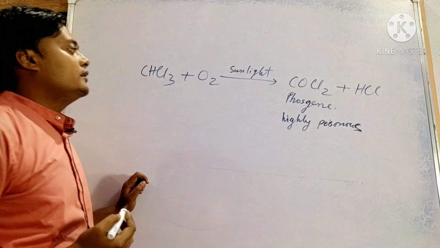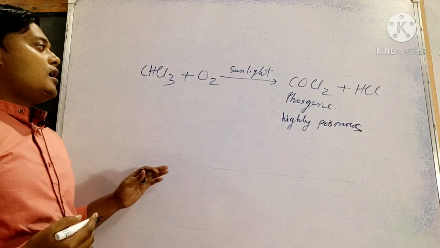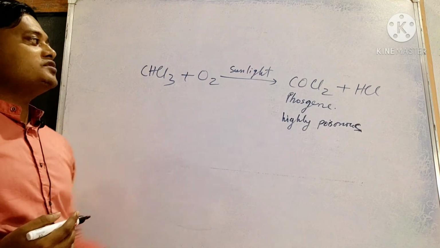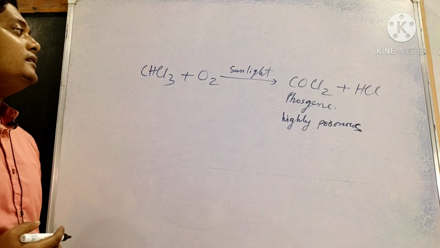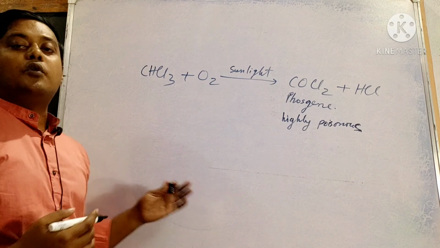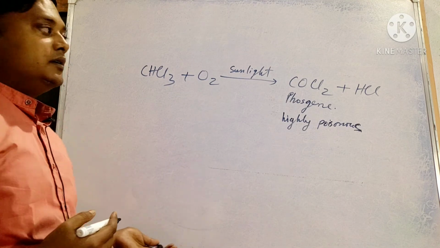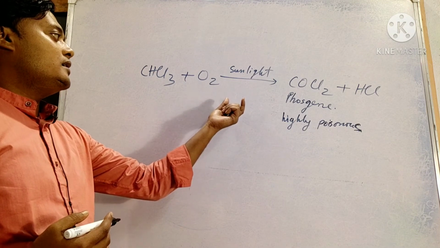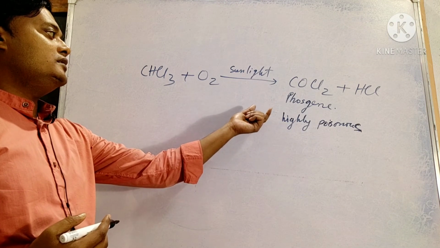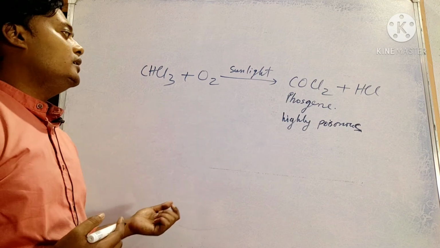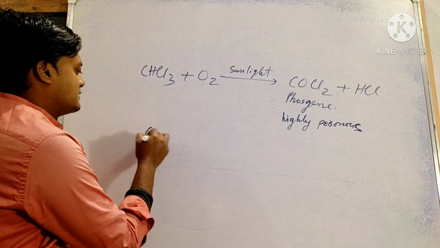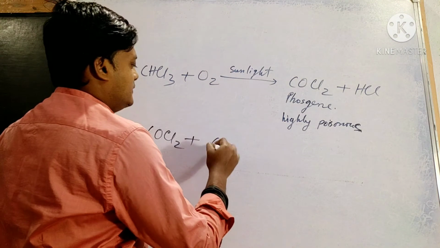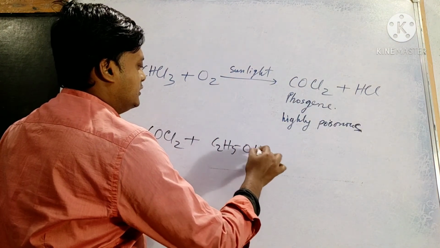phosgene. Now how we can remove that phosgene from that chloroform sample? Now if we add small amount of ethanol, if we set that sample which contain that phosgene with that ethanol, see this reaction takes place. COCl2 plus ethanol, 2 molecule of ethanol.